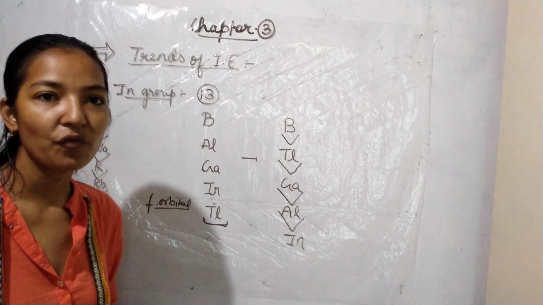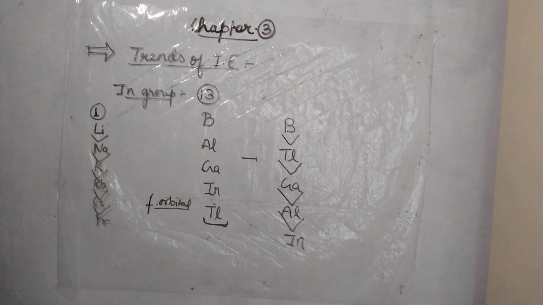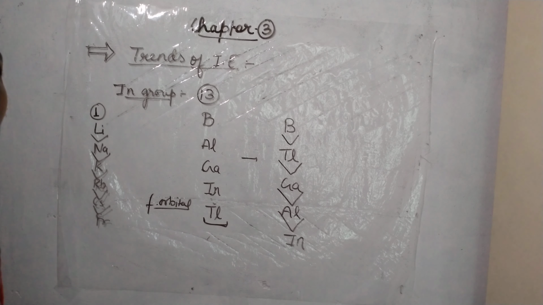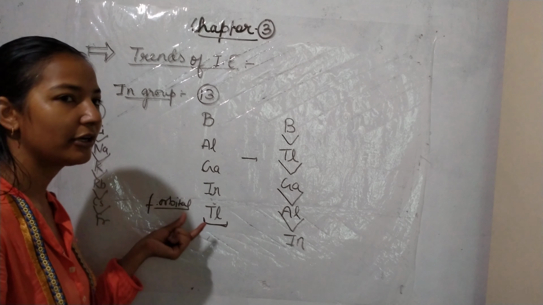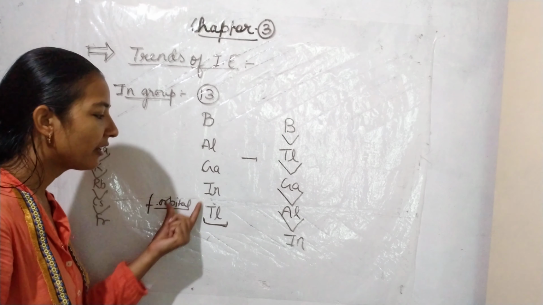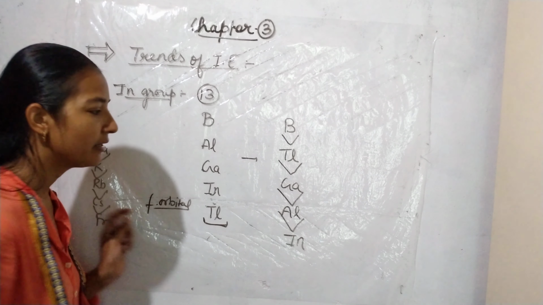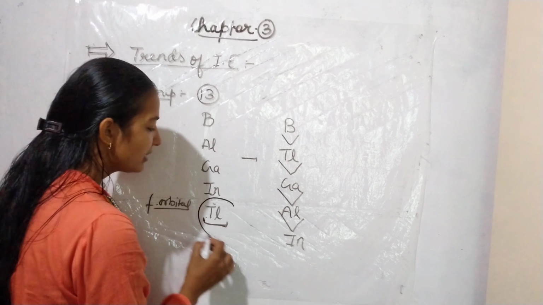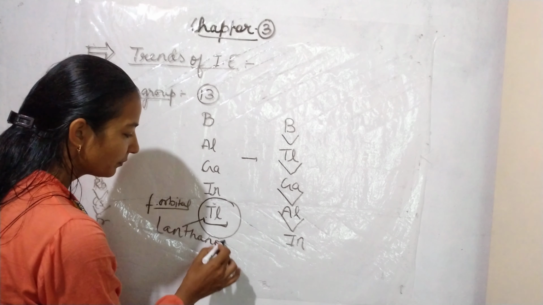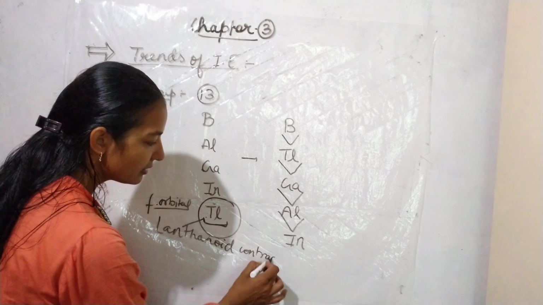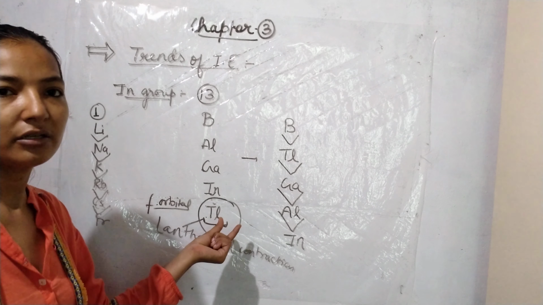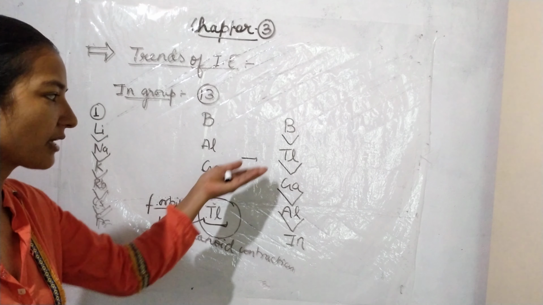Due to the presence of f orbitals, the screening effect is very low, due to which Z effective is very high, and the size of atoms in the lanthanoids continuously decreases, so these elements get a much smaller size compared to other elements. So here the order is disturbed due to the lanthanoid contraction. Thallium has a lesser atomic radius as compared to others.